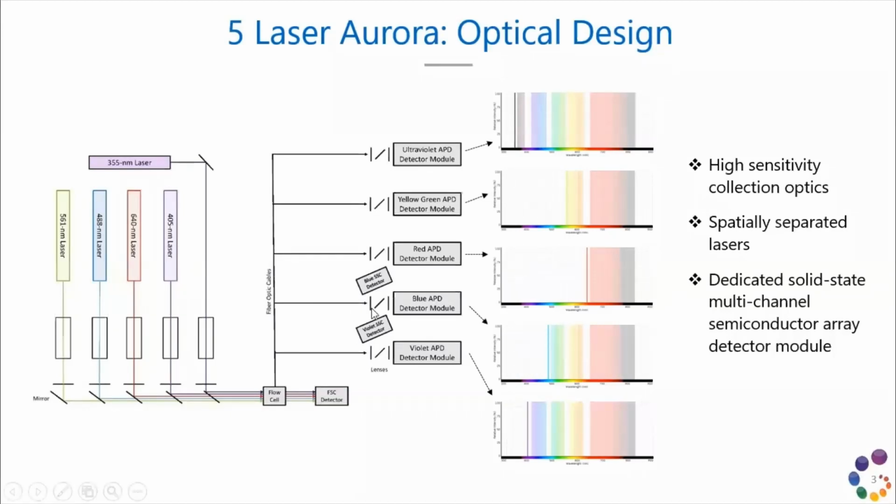Additionally, there are 2 side scatter detectors on board, one off of the violet laser and one off of the blue. To the right of each APD module, we've drawn a little schematic showing the filter sets that are within each module. Each module can have up to 16 detectors inside, and each detector has a different filter in front of it. Together, they capture light across a range of wavelengths, starting after the wavelength of the laser and stopping around 830 nanometers.